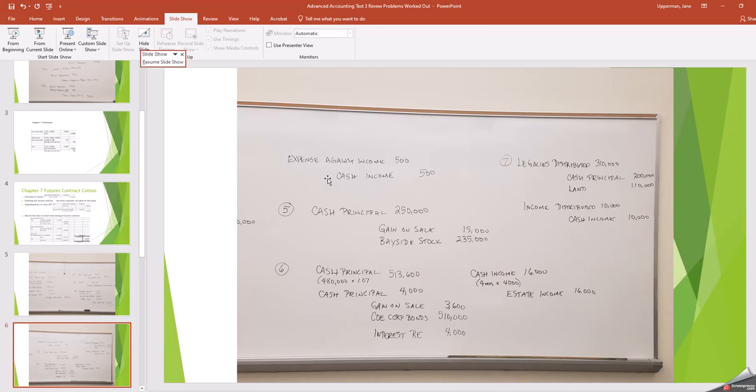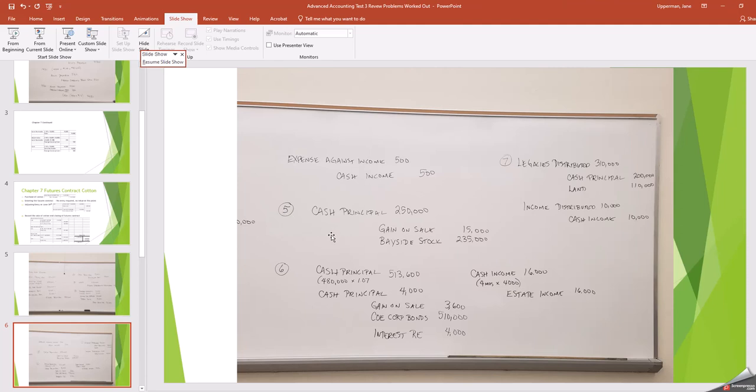If we look at the details of the problem, it said that $500 related to the income that the estate is earning. So if there are income or expenses incurred after the date of death relating to the estate, then it's an expense against income, and it comes out of cash income. We keep those accounts separate from the cash principal and the principal estate.